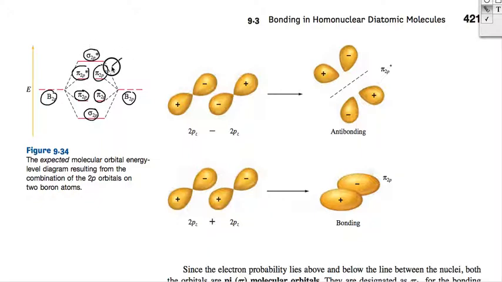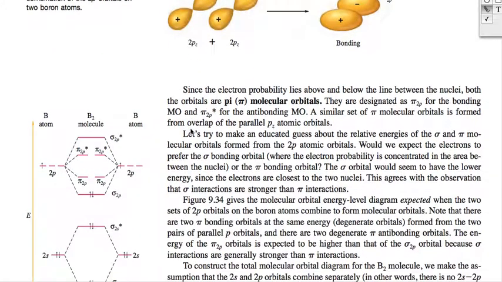So you'll read about this and figure out the order, and you just fill them in increasing energy level, and then you'll be able to figure out which of these molecular orbitals get filled. Notice, in most cases, the bonding ones get filled first, and then the anti-bonding get filled second. Okay?